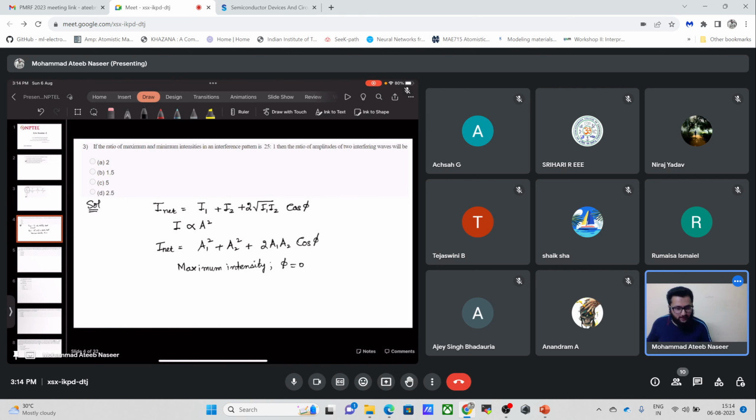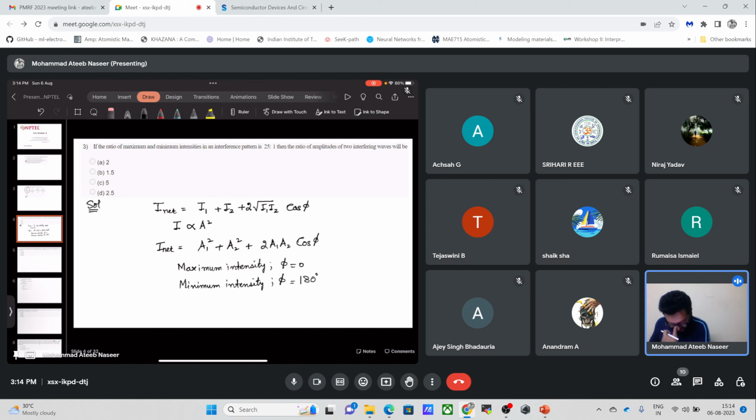This will be the constructive interference case. For multiples of 2 pi, this intensity has its maximum value, for phi equal to 0, and it will have minimum intensity when phi is equal to 180 degrees.